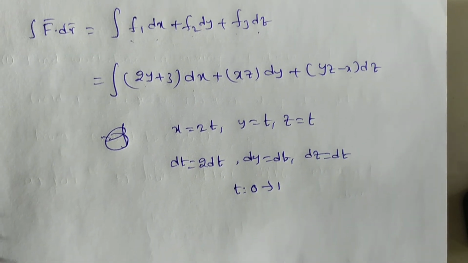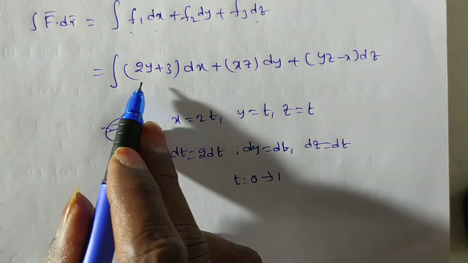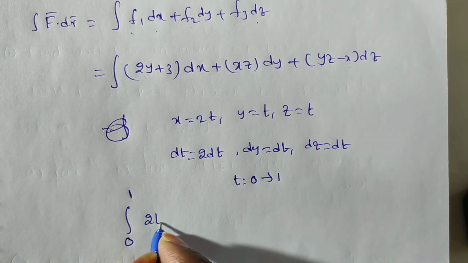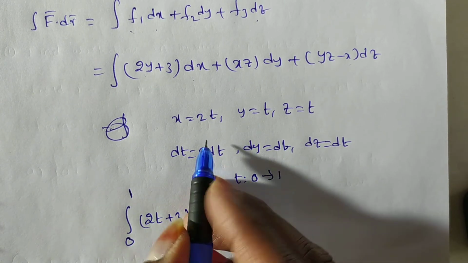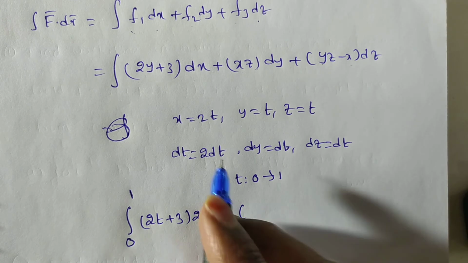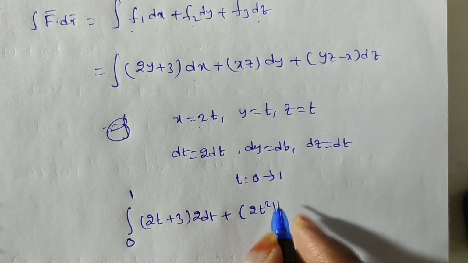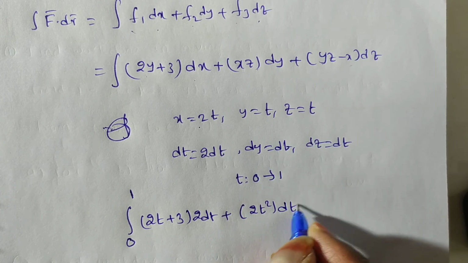Then you see what will happen here. Integral from 0 to 1, y is t, so (2t plus 3) times dx, which is nothing but 2 dt, plus xz. x is this one and z is this one, so 2t square into dy. Dy is dt only.